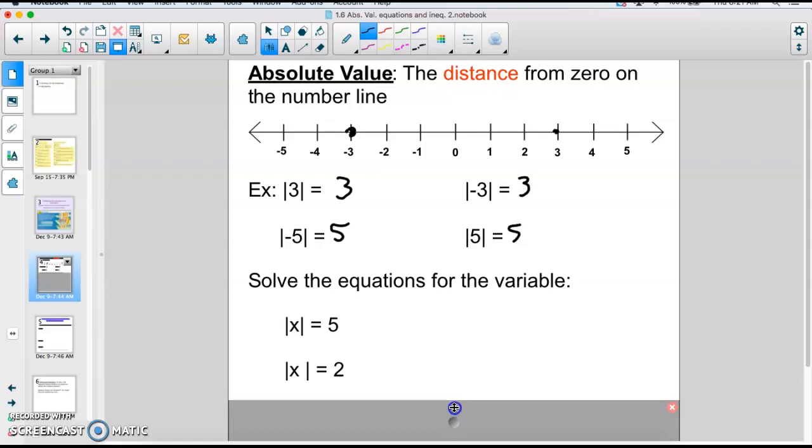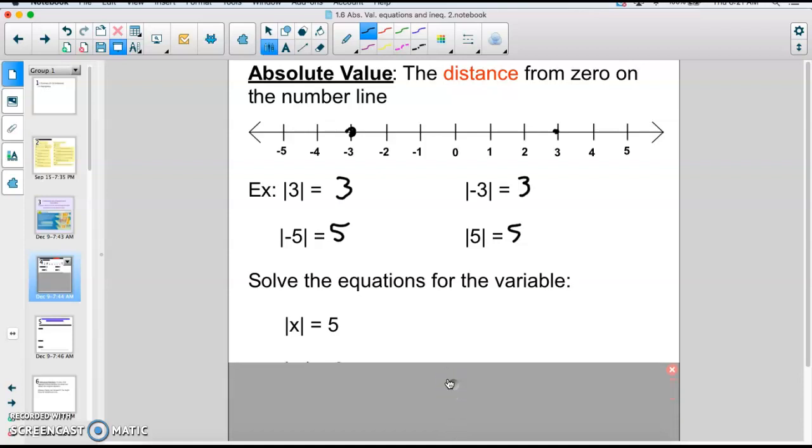Okay, so when we solve the equations for the variables, we are going to have to play both scenarios. What I mean by that is that in order to get an answer of 5, our x could either be negative 5 or positive 5.